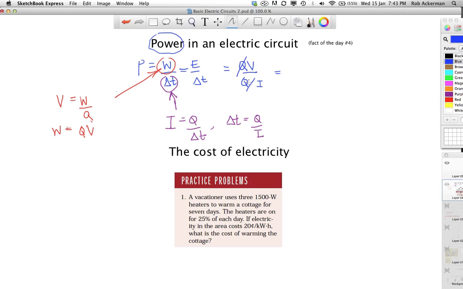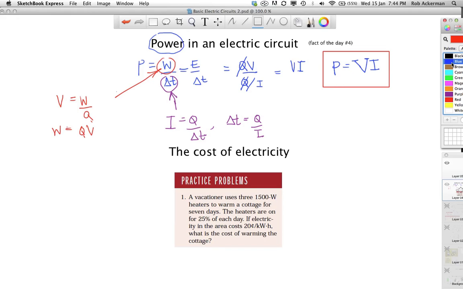Well, this Q cancels with that Q. The over I comes up to the top. You get VI. And therefore, in the end, you end up with P equals VI. And that's it. That's the formula for the electric power in a circuit.